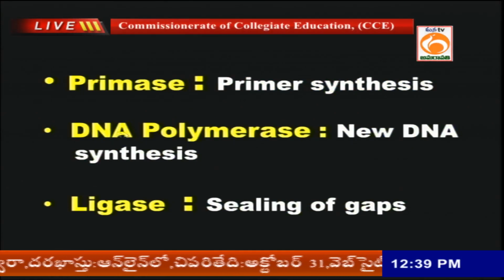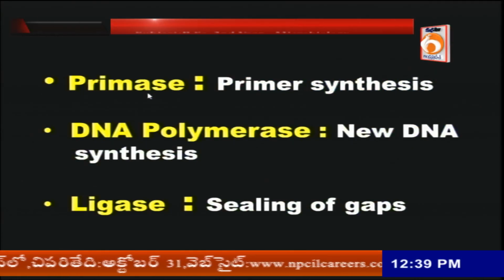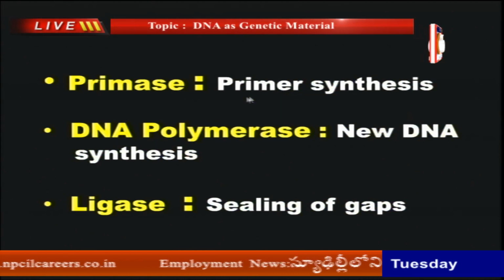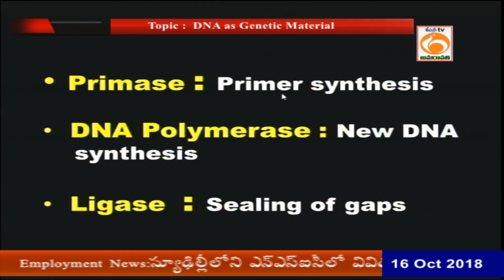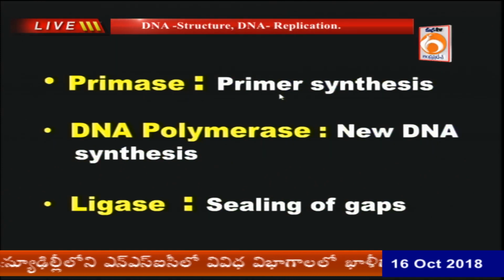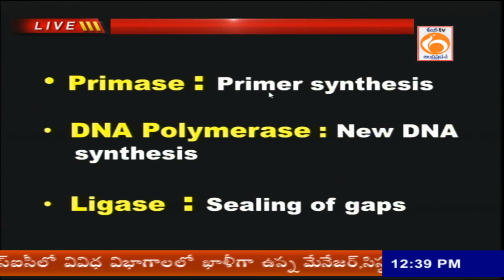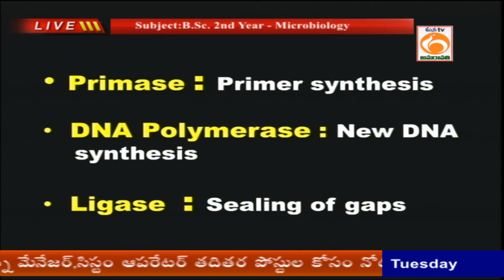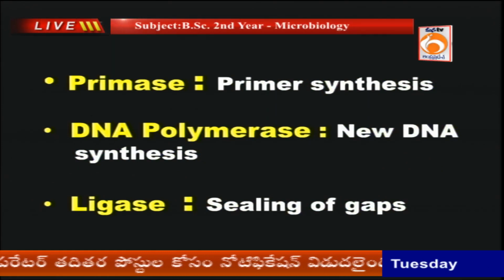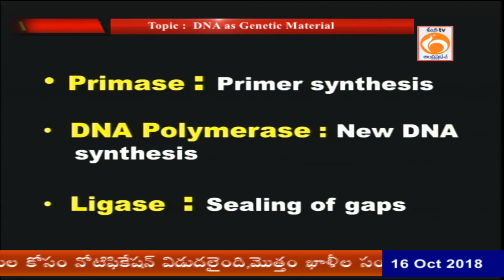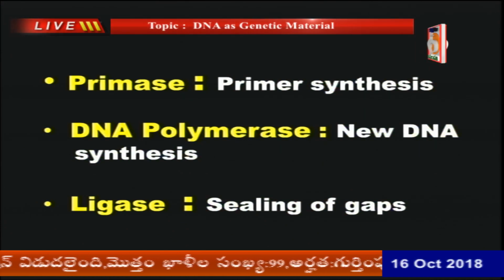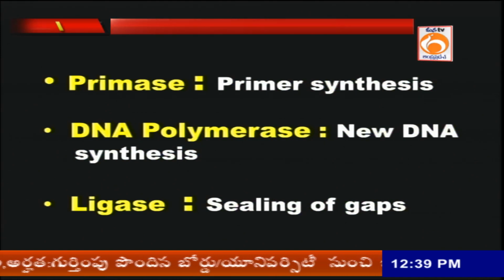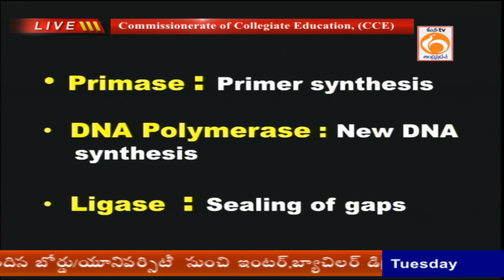Next one is primase enzyme. This enzyme catalyzes the synthesis of a primer. This is very important in DNA replication. Primer serves as a starting point in DNA replication because the enzyme DNA polymerase, which catalyzes the synthesis of new DNA strand, always requires free 3' hydroxyl group to add new deoxyribonucleotides.